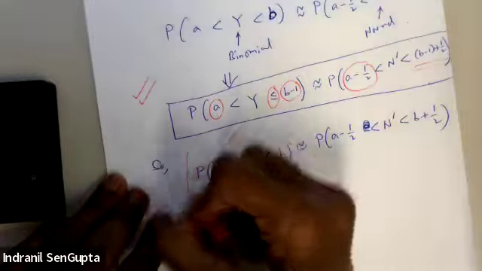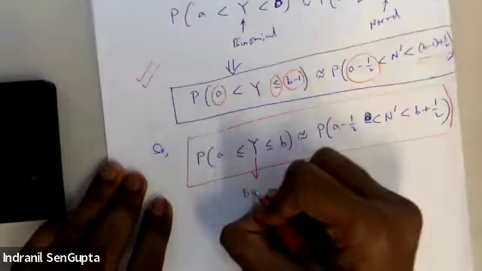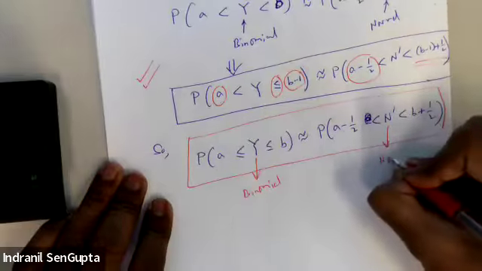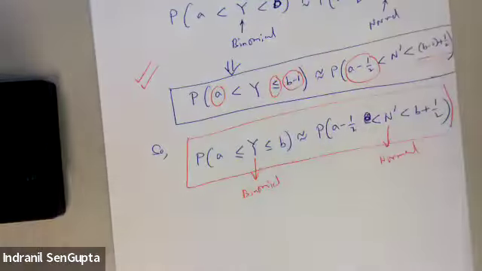You should remember this version. This is binomial, and this is normal. And this minus 1/2 and plus 1/2 are the continuity correction.